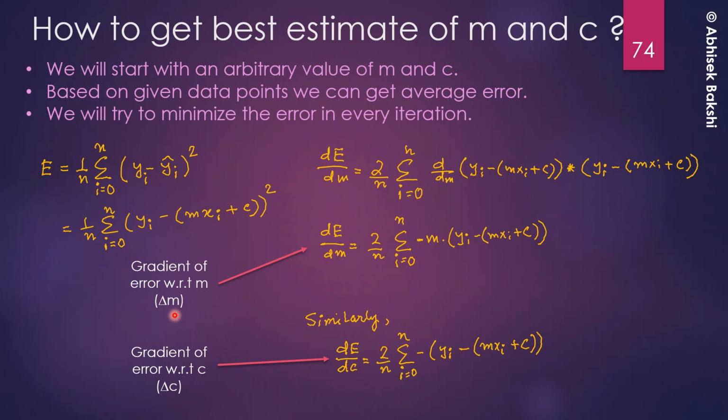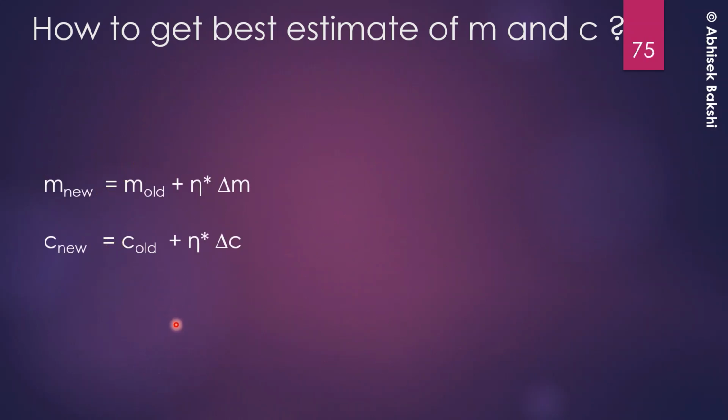So let's do one thing. Let's see what should be the steps for writing the code for linear regression. The first thing is that we must have these two equations. What is this? m new.